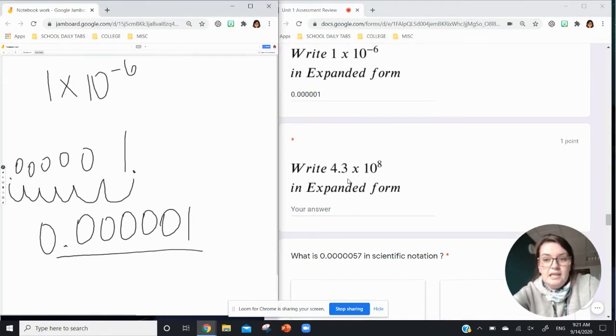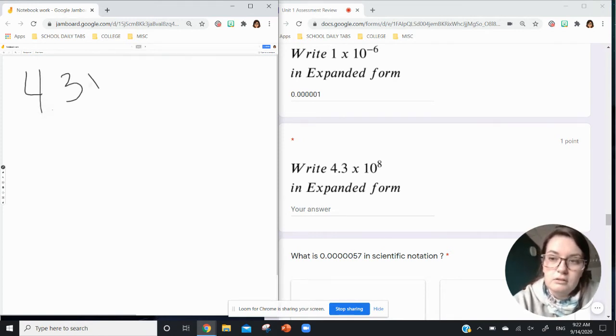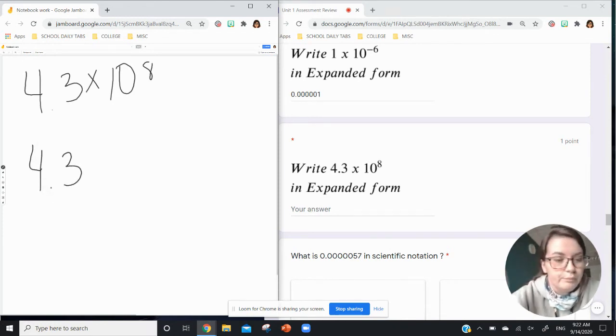Okay, same thing here. So this time I want to write this in expanded form. So let me just rewrite it over here. Okay, and again, I'm just gonna put my 4.3 here so I can move my decimal.